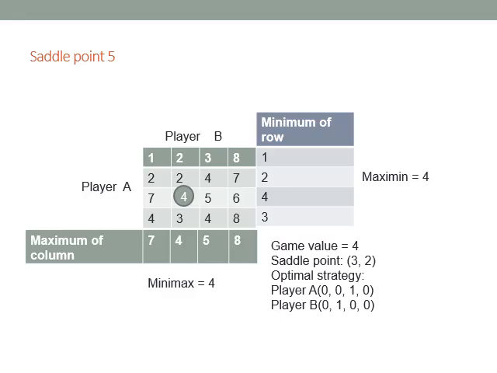So the common value between the minimum of row and the maximum of column is 4. So the game value, if the common value between minimum of row and maximum of column, is 4.